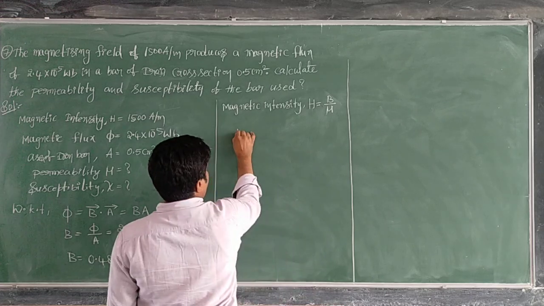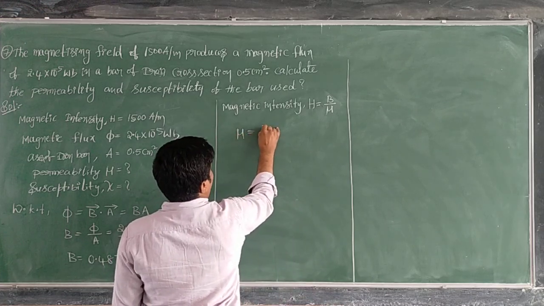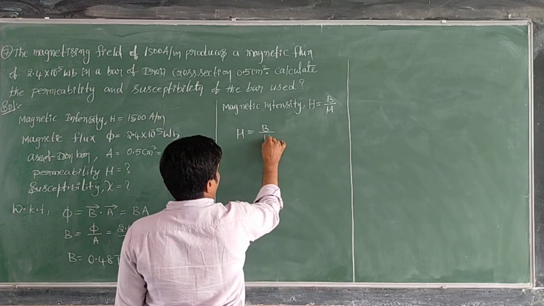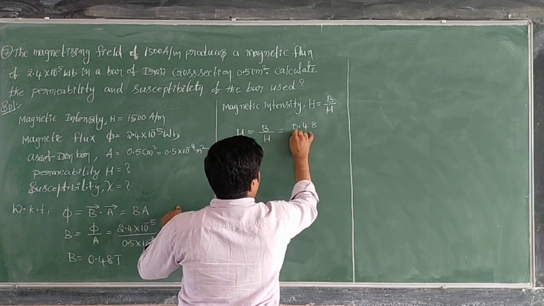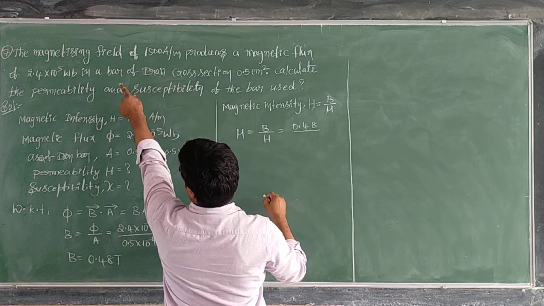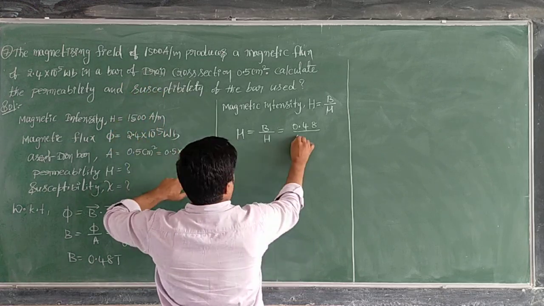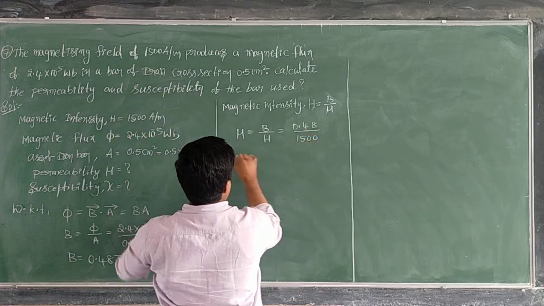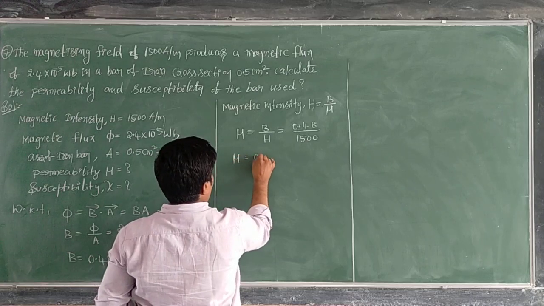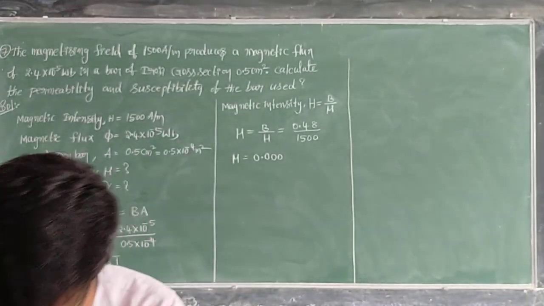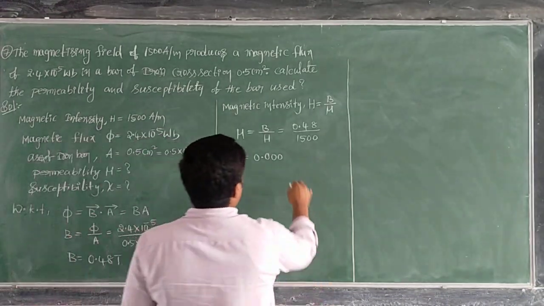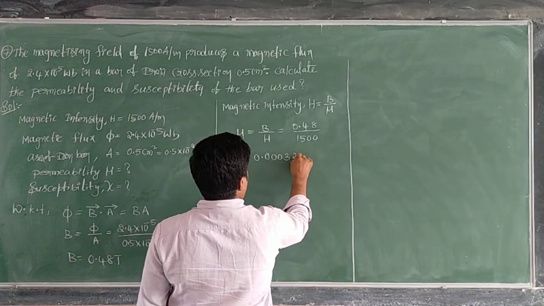From this, mu is equal to magnetic field divided by magnetic intensity. Magnetic field is 0.48 Tesla, magnetic intensity is 1500. So from this we can derive 0.00032.